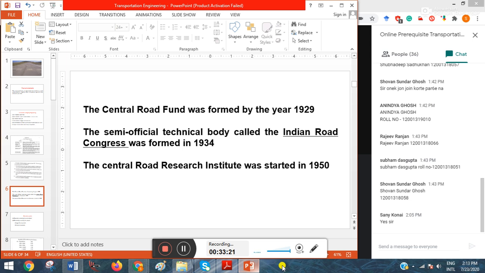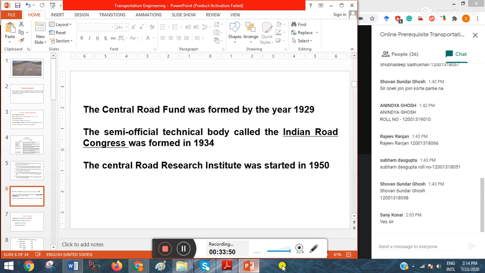Their function is to give technical advice on road-related problems, and they have given various consulting and solutions to the state governments and various organizations.